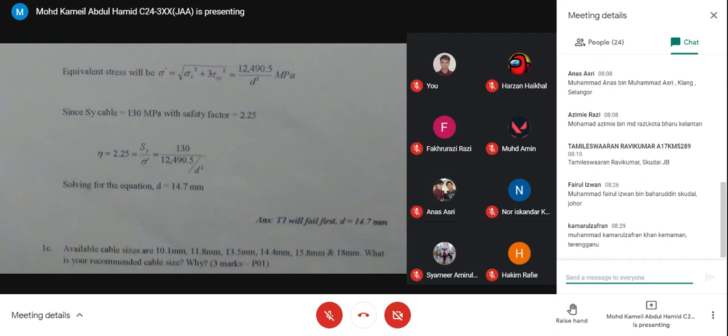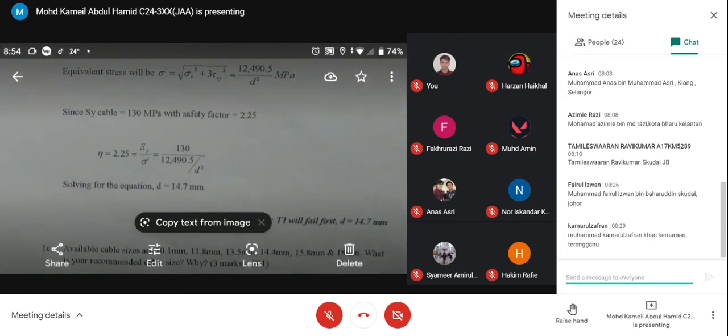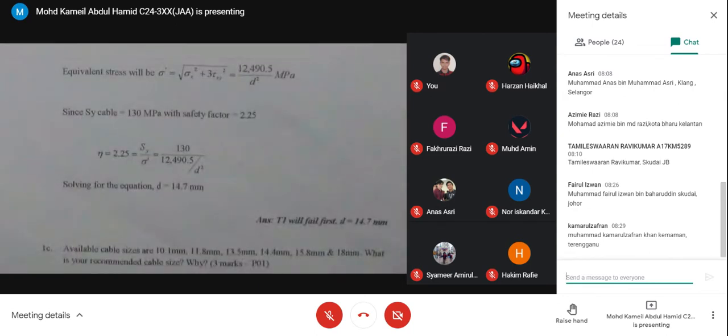So the principle is, once you get the minimum of 14.7 from the calculation in 1B, you cannot take a smaller one from the listed cable sizes. If you use 14.4, it will not be safe for the loading.